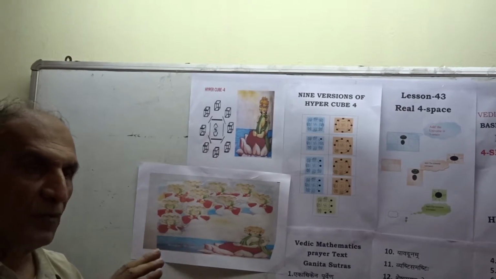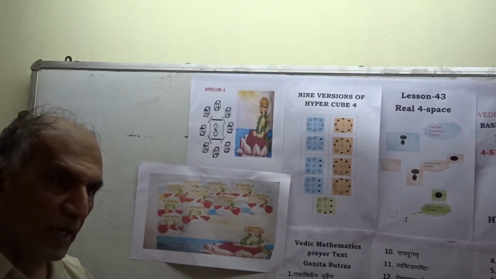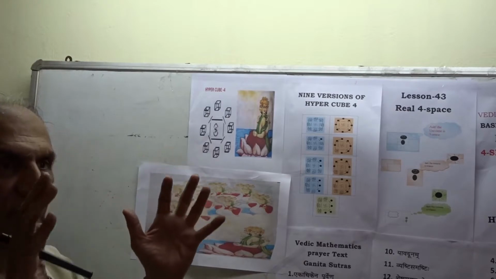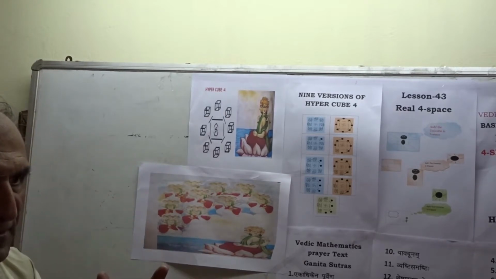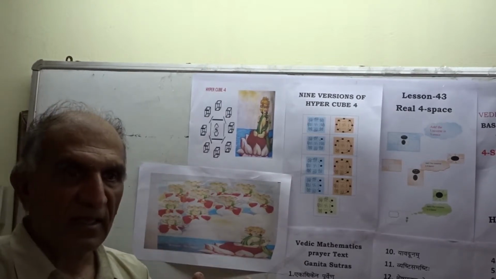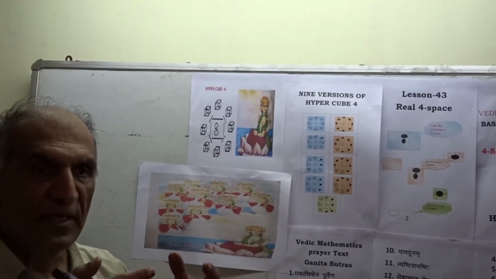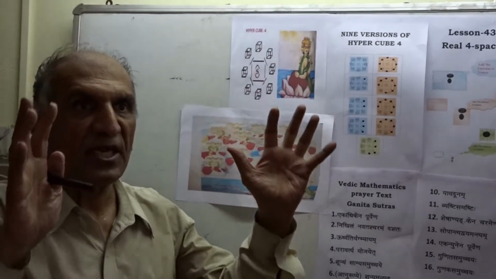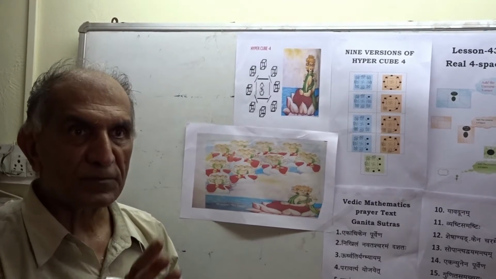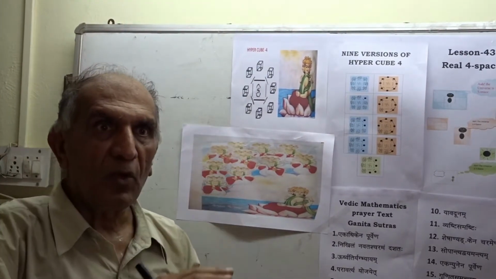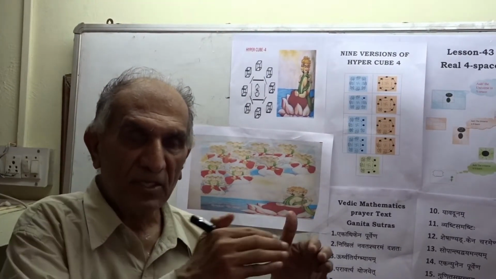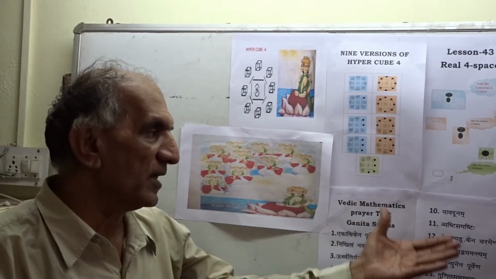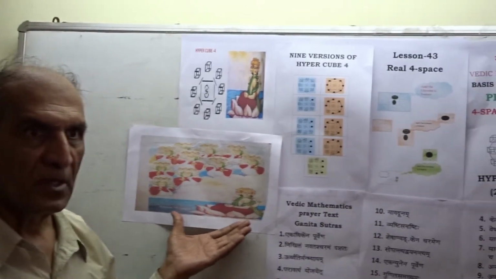Therefore, there would be a creative boundary for our mathematical mind. So our mind will have the privilege of being enveloped by a creative boundary. So 4 space as a boundary will be attained through this prayer and this meditation.